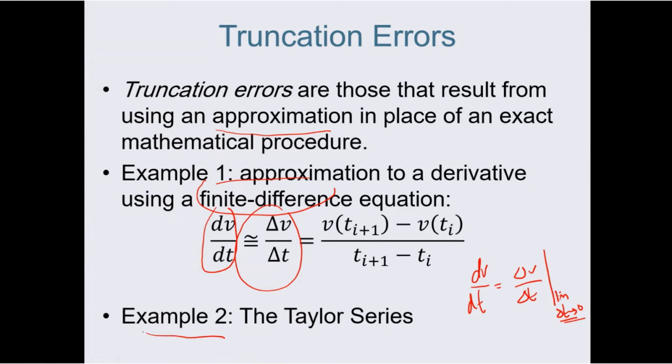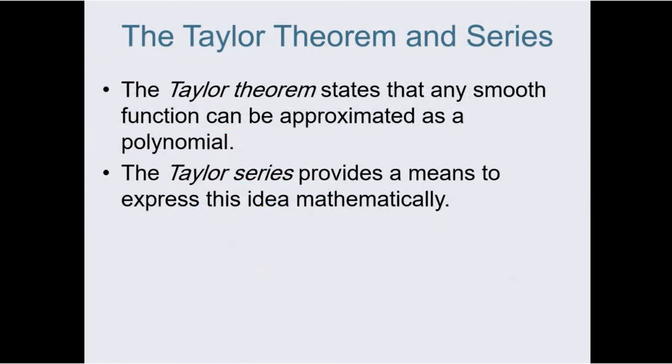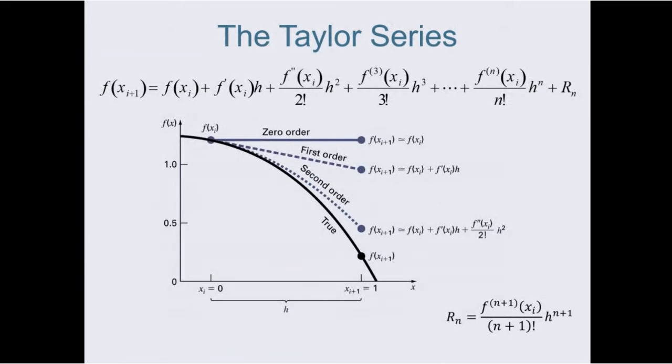Another example is the Taylor series, and the Taylor theorem states that any smooth function can be approximated as a polynomial, and the Taylor series gives us a mathematical expression to express any function in the form of a polynomial.